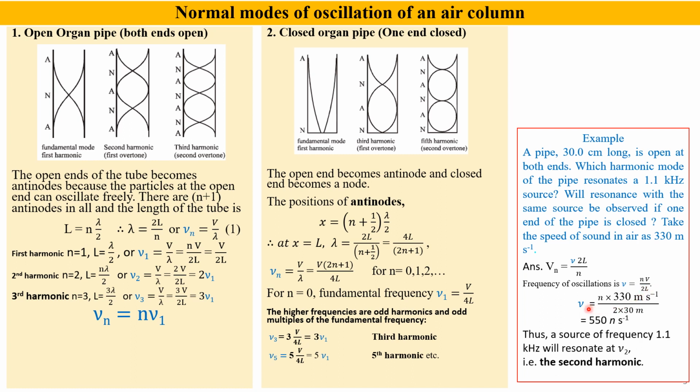Therefore, we get frequency nu is equal to n into 330, that is the velocity, divided by 2 into L, where L is 0.3 meters. Therefore, we get frequency nu is equal to 550 into n per second. Thus, the source frequency of 1.1 kHz can be obtained if n is 2, that is for the second harmonic.